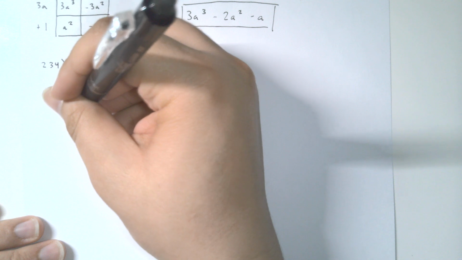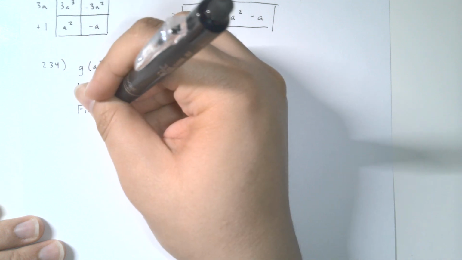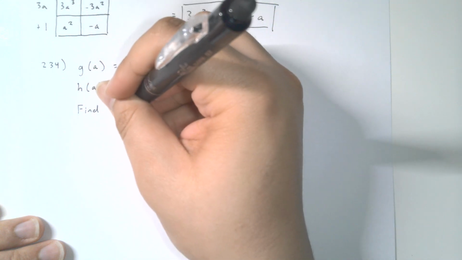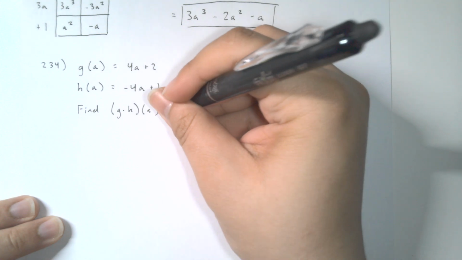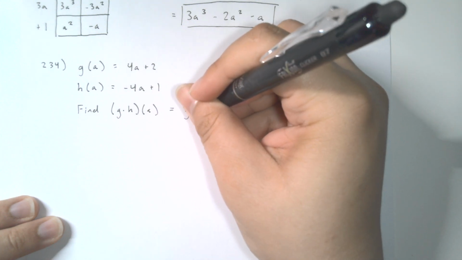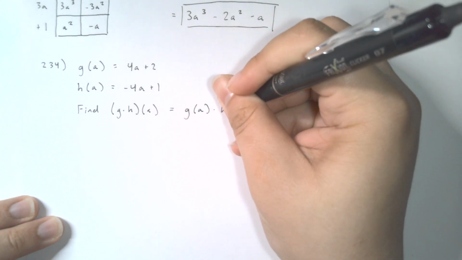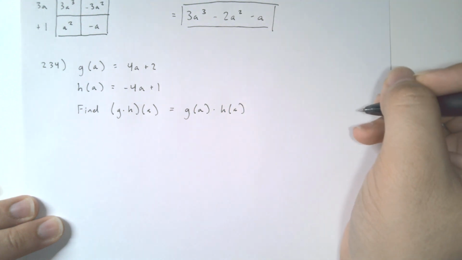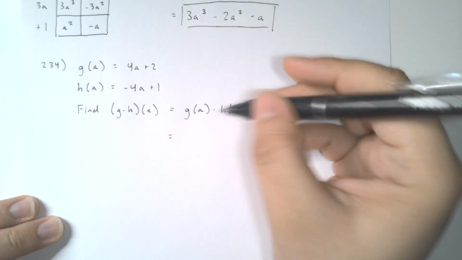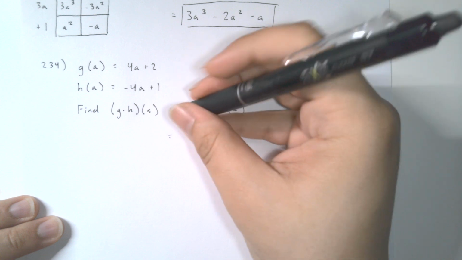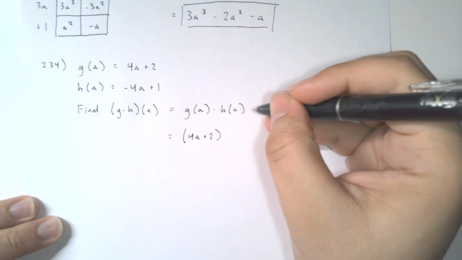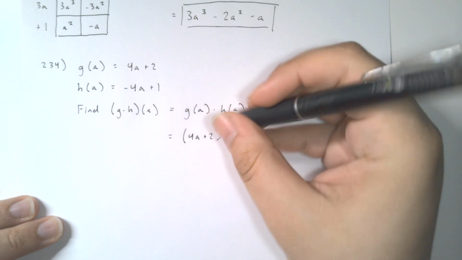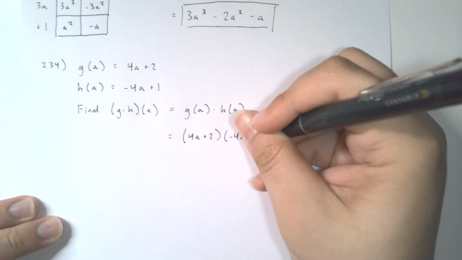And we want to find g times h of a. So this is defined as g of a times h of a. And g of a is 4a plus 2, and we want to multiply that with h of a, which is negative 4a plus 1.